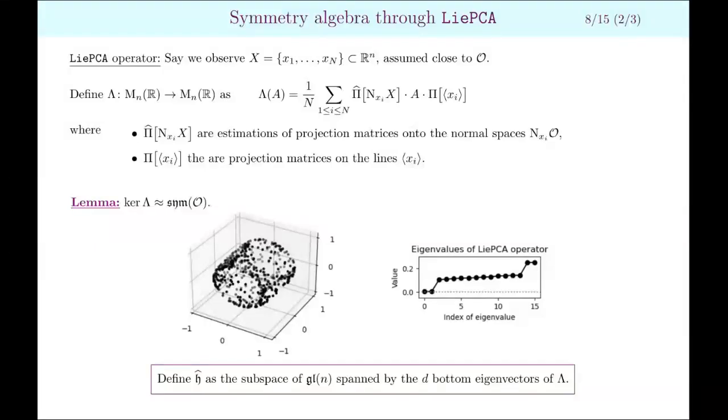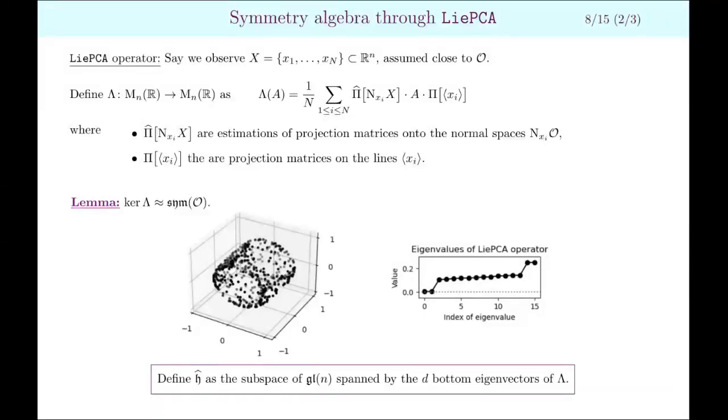Another idea is that the kernel of this operator is approximately the symmetry algebra of the orbits. I did not state the result formally, but you can say that the limit of this operator, if you integrate over the orbit, will satisfy precisely this relation. In practice, we use this technique as follows.